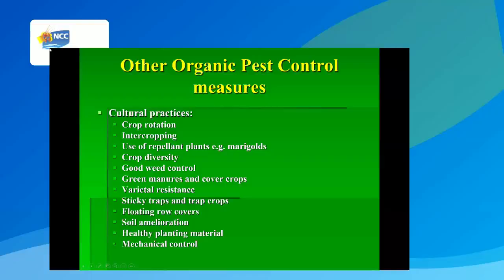And it is a combination of these plus the organic pesticides that I mentioned just now, and also the naturally occurring parasites and predators that we have out there in the environment doing their job. The combination of all these can result in some good plants being grown. Next slide, please.